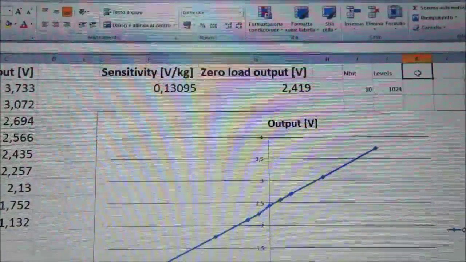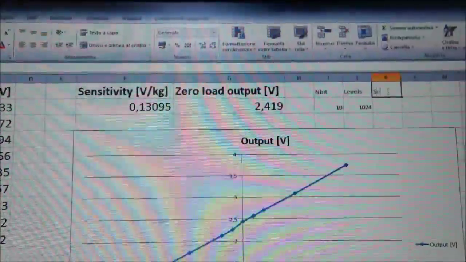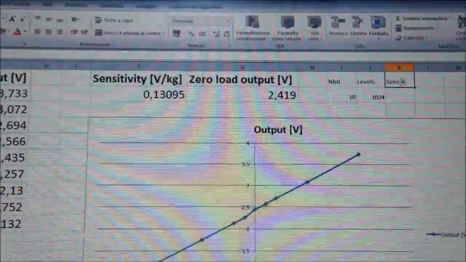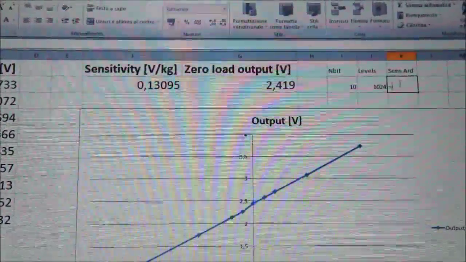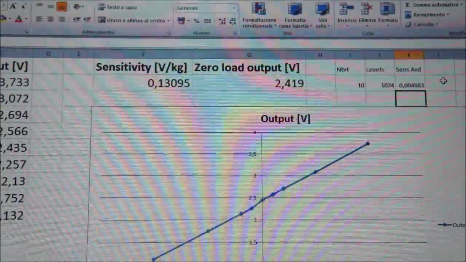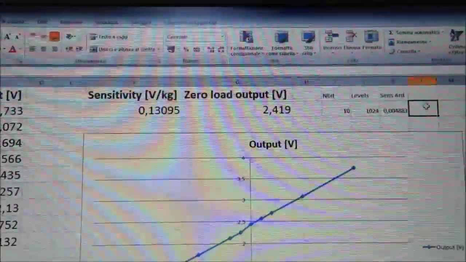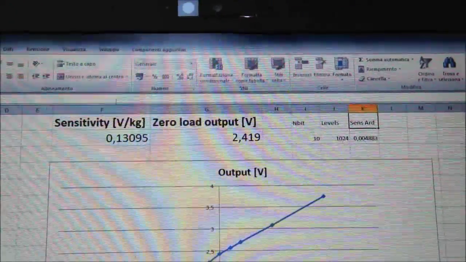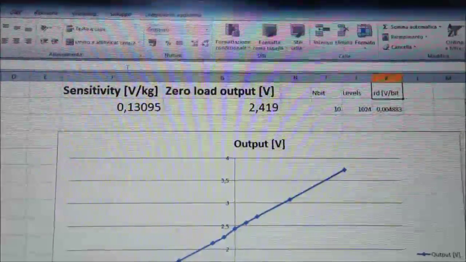Since Arduino is 0 to 5 volts, we can get the sensitivity of Arduino, which is 5 divided by the number of levels, in volts over bits.